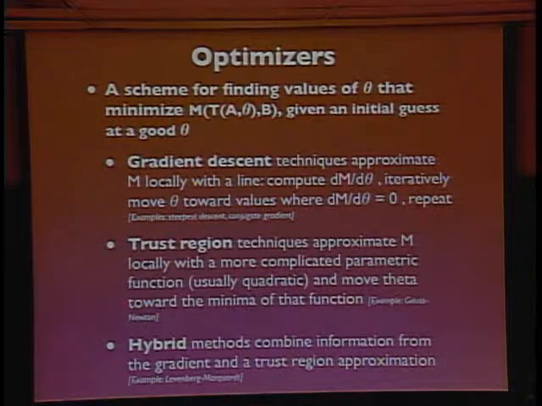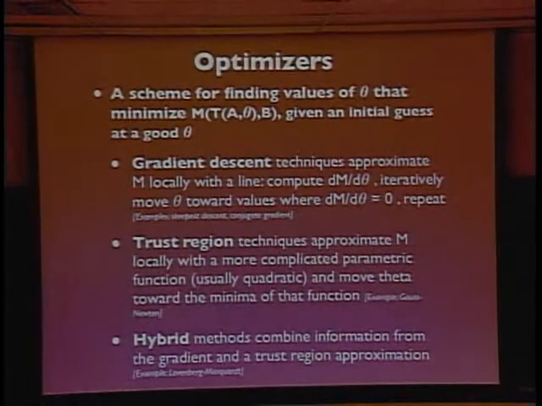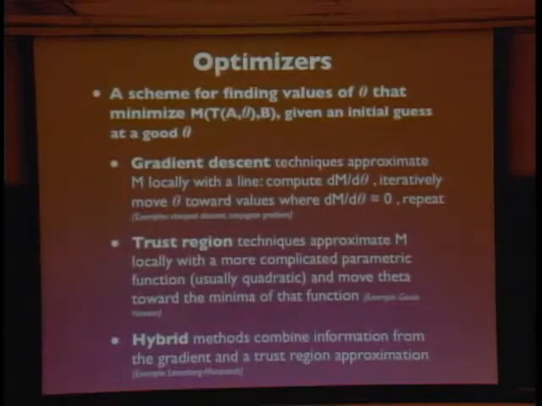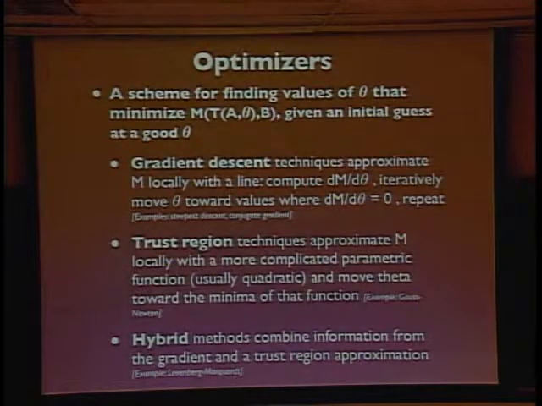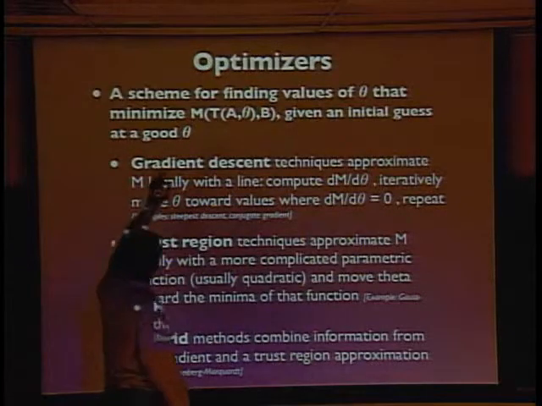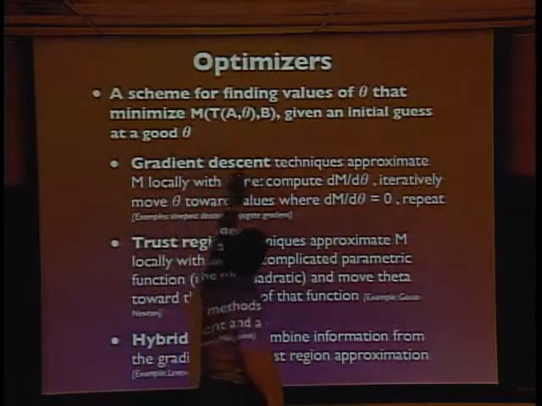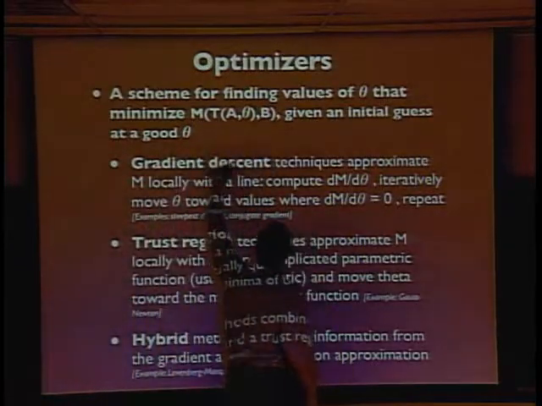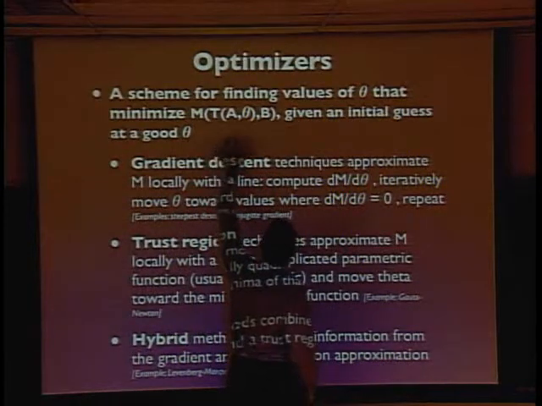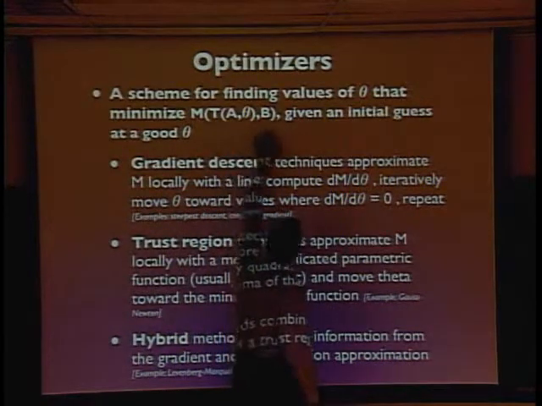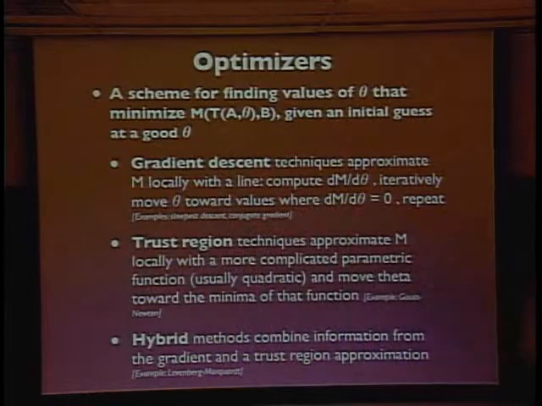So I've described optimizers in the past as being something like the black art of many of these image processing problems. You have a well-defined problem that you want to solve, which again is to find values of your parameters theta, which minimize this metric, where the metric takes as input the transformed moving mesh and the fixed mesh, and you're given some initial guess too.